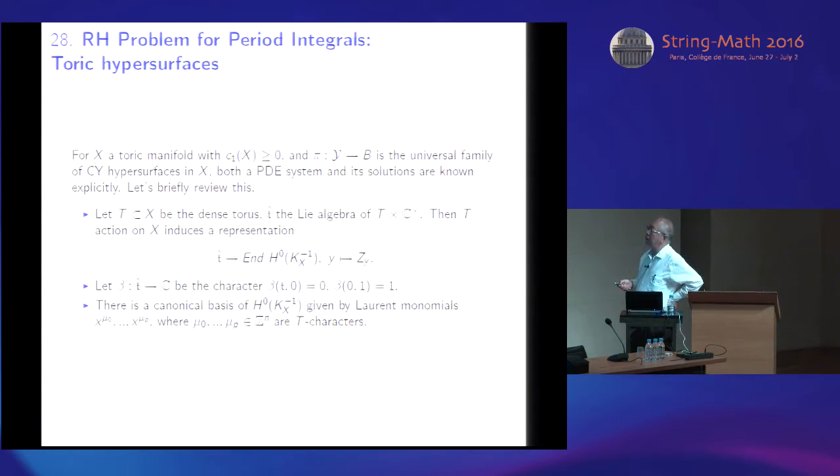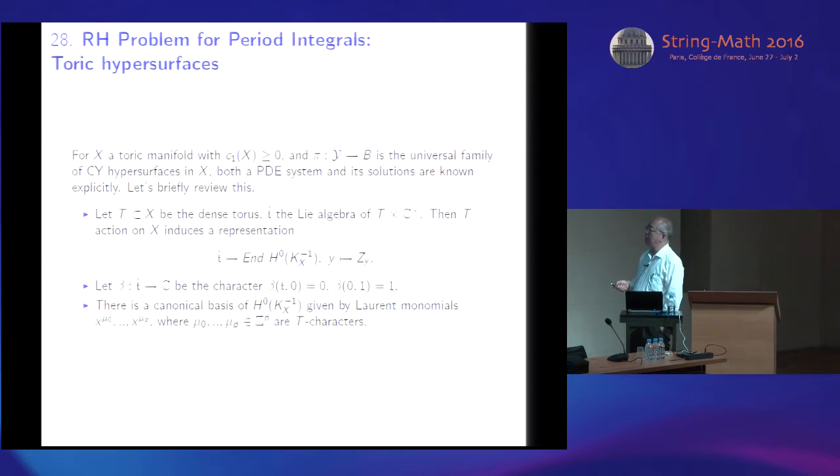Being a toric manifold, there's a torus which is dense inside X. And let's look at the Lie algebra of this torus cross C star, which we call T hat. Then T_X acts on X, inducing a representation in this way, as endomorphisms of the sections of the anti-canonical line bundle.